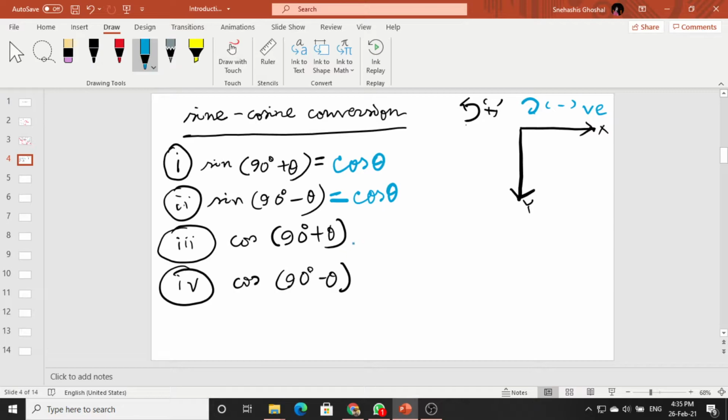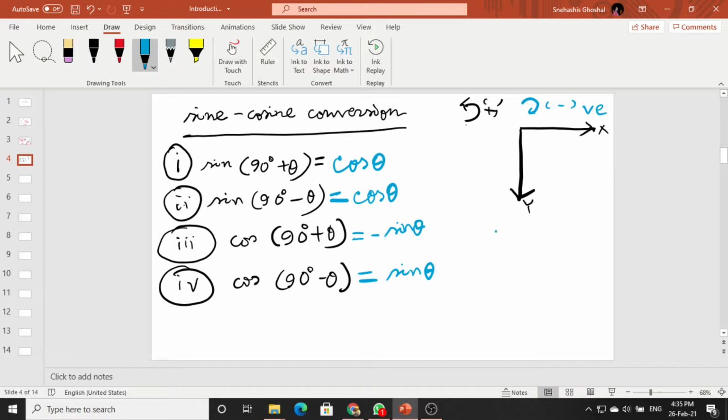Cos 90 degree plus theta will be equal to minus sin theta, and cos 90 degree minus theta will be sin theta.